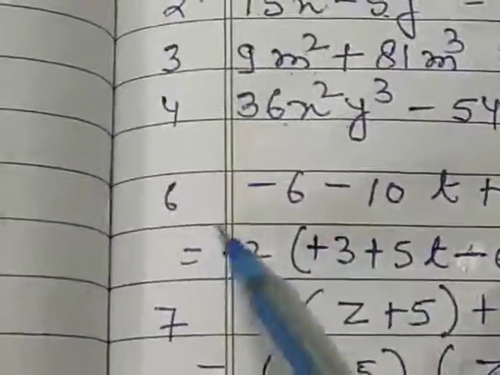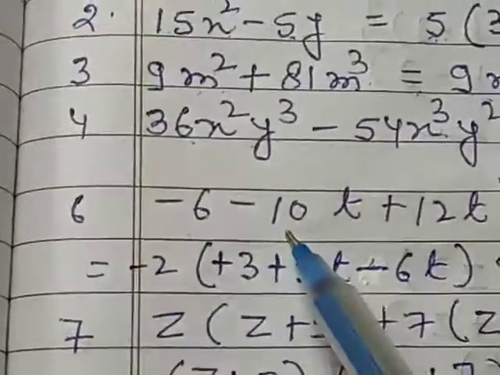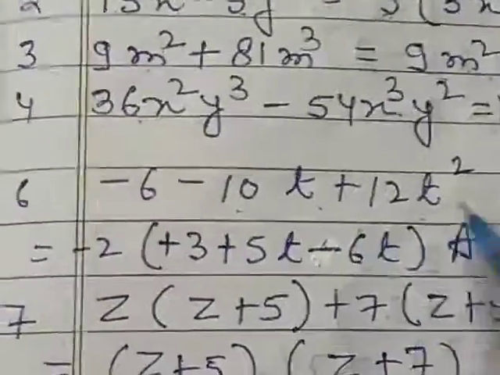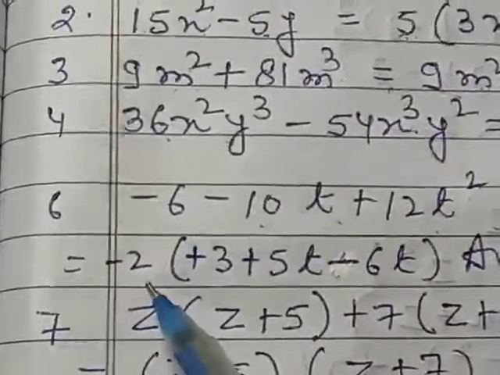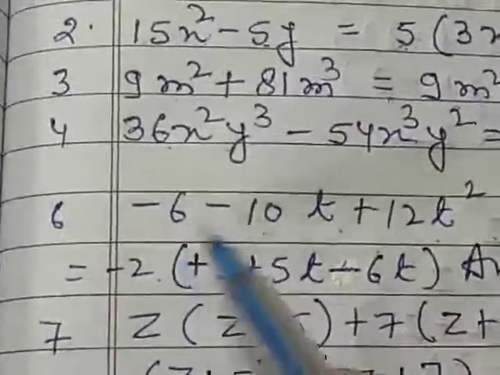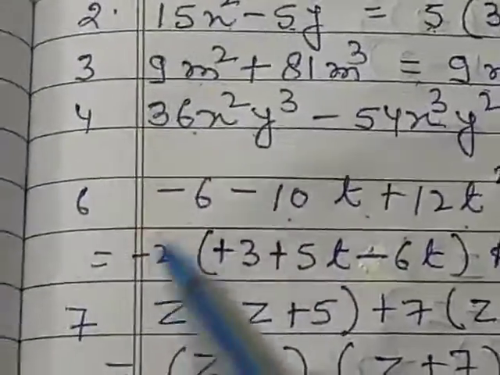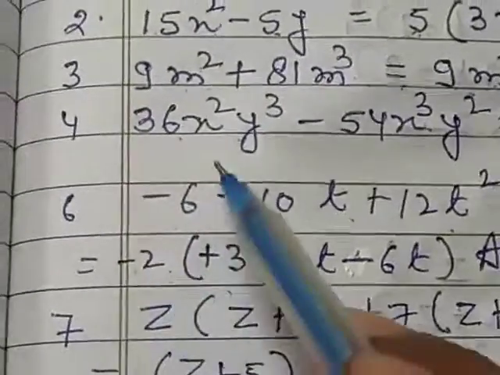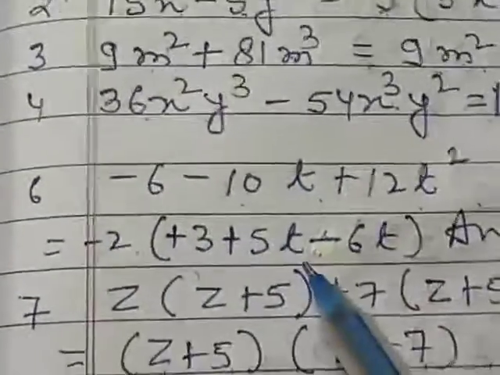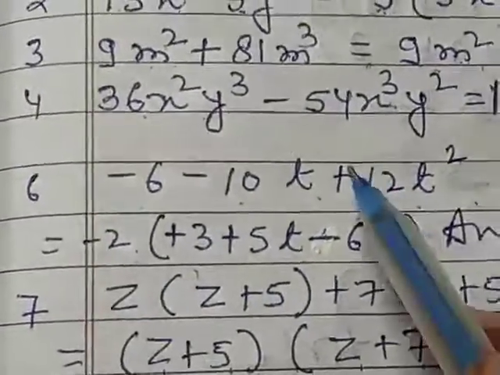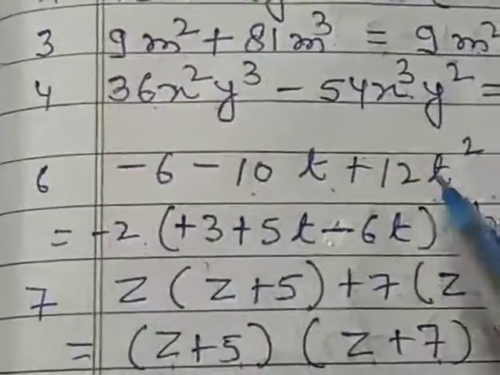Next, question 6: minus 6 minus 10t plus 12t square. Here we take minus 2 as common, because all these numbers are divisible by 2. Minus 2 times 3 is minus 6, minus 2 times 5t is minus 10t, minus 2 times minus 6t is plus 12t square.